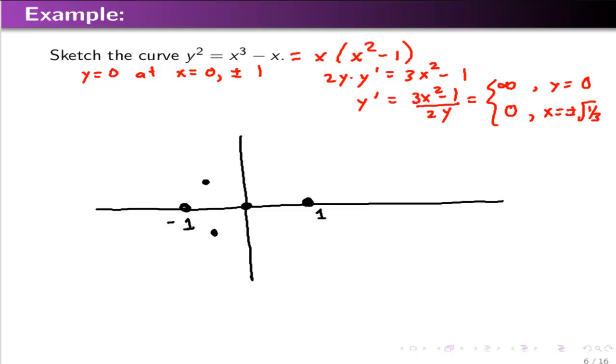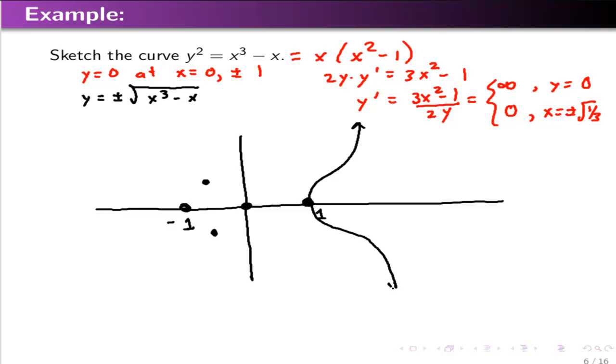And notice that the curve is symmetric. It's going to be y is plus or minus the square root of x cubed minus x. So it's symmetric about the x-axis. And when x is bigger than 1, we would have a perfectly well-defined positive quantity on the right-hand side. And so the curve will do something like this.